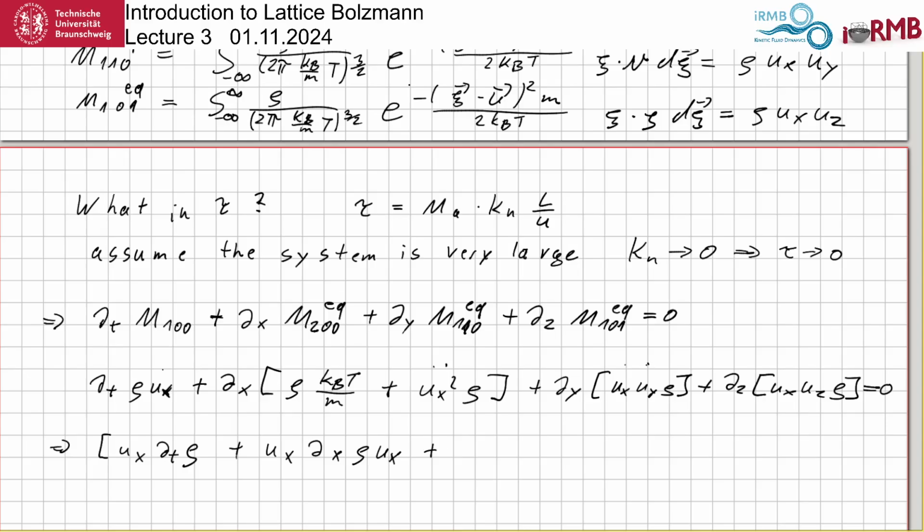Then we have ux dy uy rho, and of course ux dz rho uz. Now I've taken all of this where I can pull out the ux.